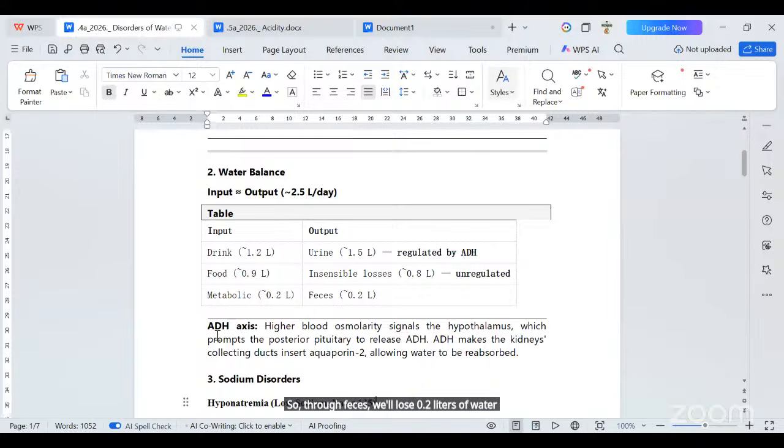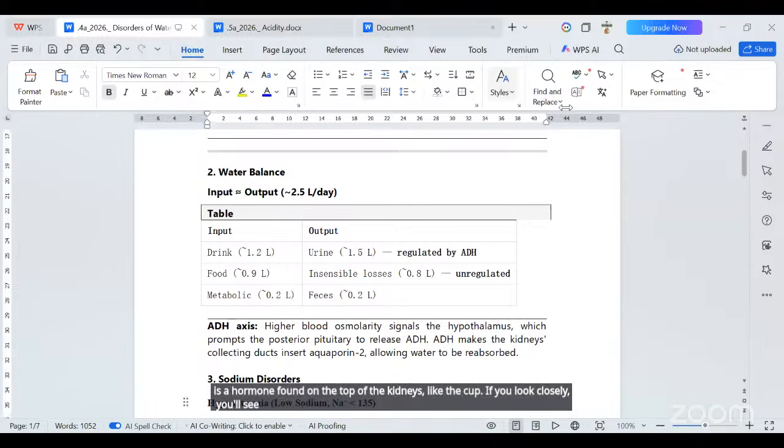Now, like I told us initially, ADH, which is also called antidiuretic hormone, is a hormone found on the top of the kidneys, like the cap. If you look closely, you see that the kidney is wearing a cap. It's just a tiny cap on the kidney.